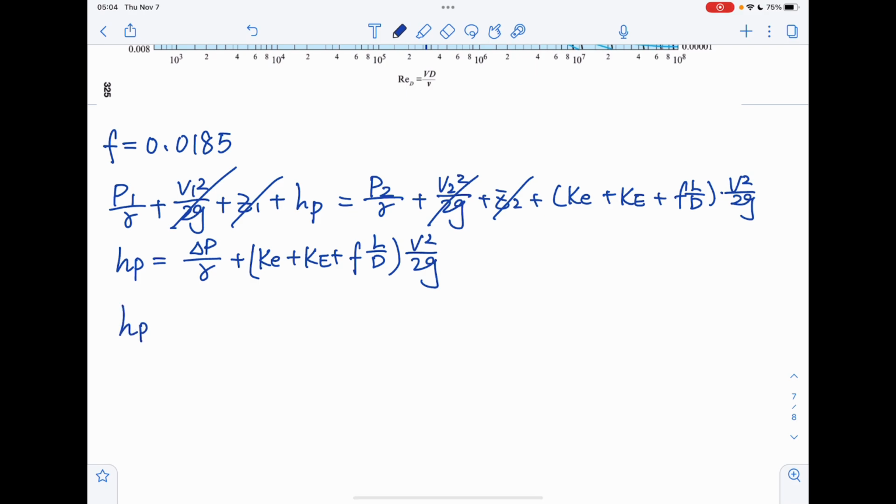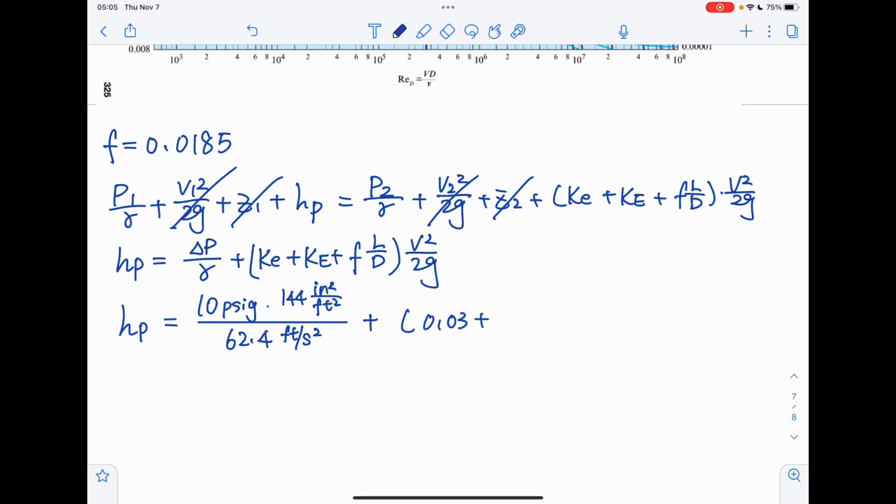So the pressure difference is 10 psig. If we convert that to feet, it will be 10 times 144 over 62.4 feet, which is the gamma, plus the K entrance 0.03, K exit 1, and friction factor 0.0185.